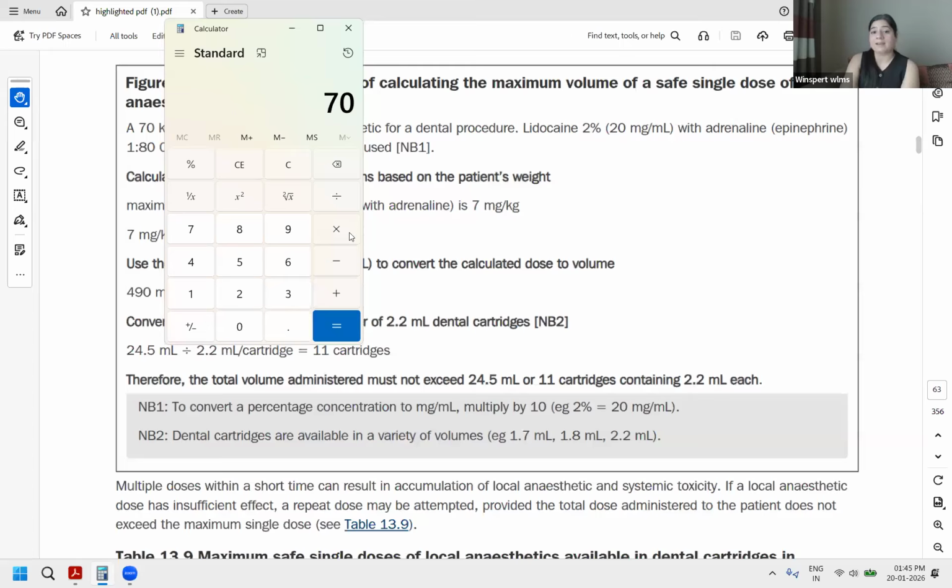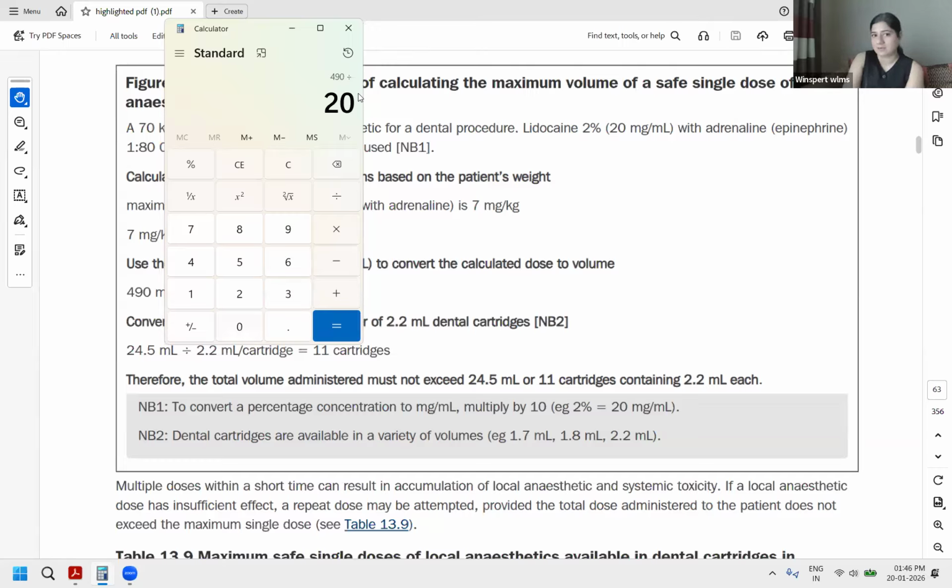So for a 70 kg man, with lignocaine, 7 milligram per kg is allowed. So you first multiply to get the total mgs you can give. That becomes a total of 490, right? And then you divide it by 20, because 2% lignocaine is 20 milligram per mL.